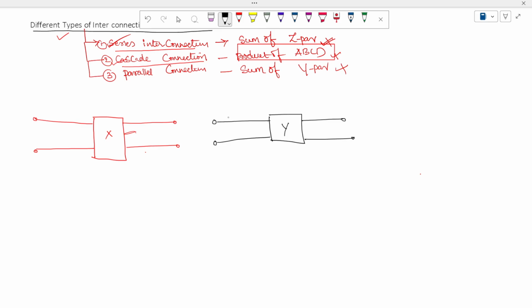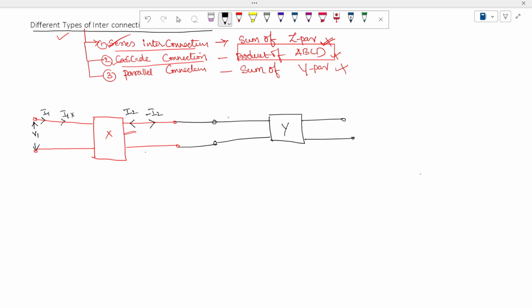Now the output of one two-port network we are connecting to the input of another two-port network Y. So here I am assuming the applied voltage is V1, a current of I1 flows here, and the current into this is I1X. The current flows like this, which we assumed previously as I2, and here the current will be in this direction, which is minus I2.